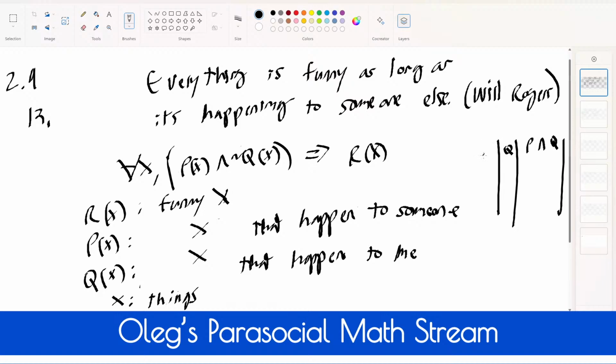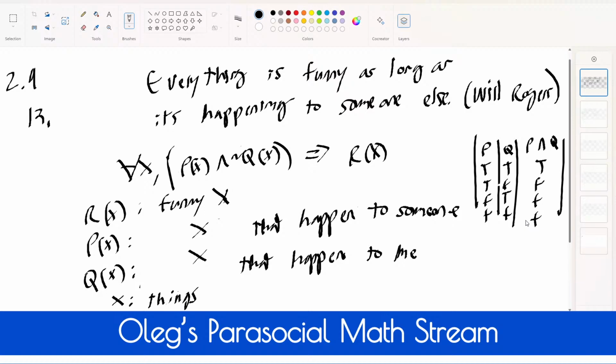Q, P: true and true, true and false, false and true, false and false. If they're both true on an and, it's true. If one is true and the other's false, it's false. Both false, that's false. It only works if they're both true. So in that case, yeah, it's a true statement, and we just negate that.